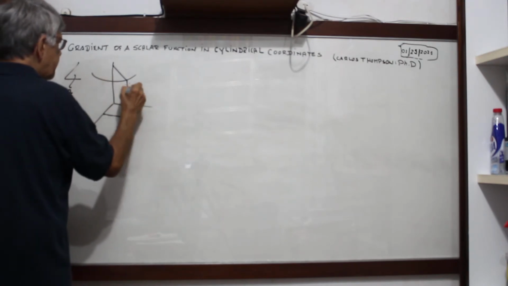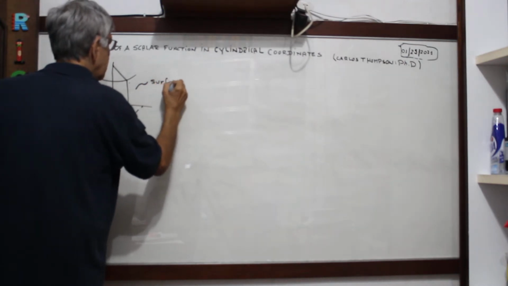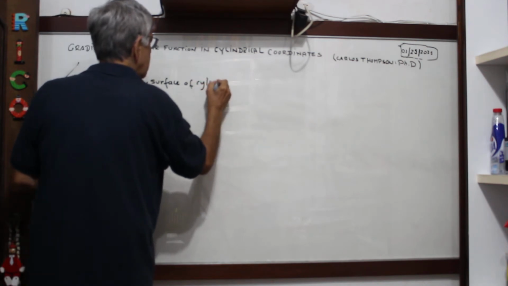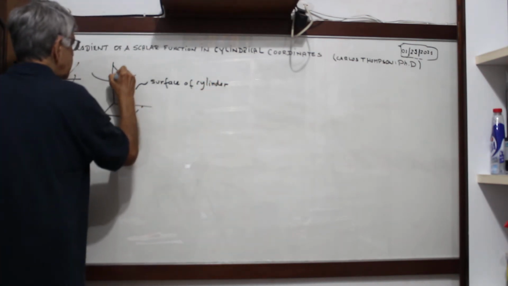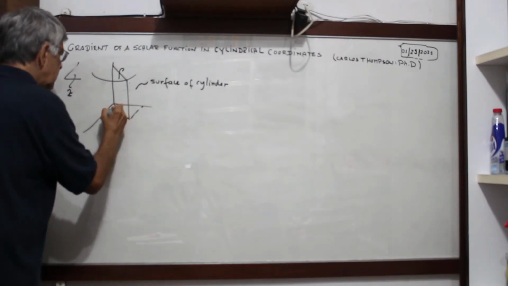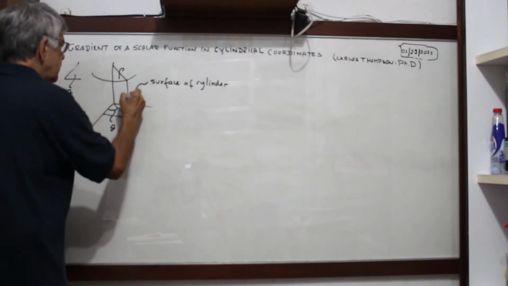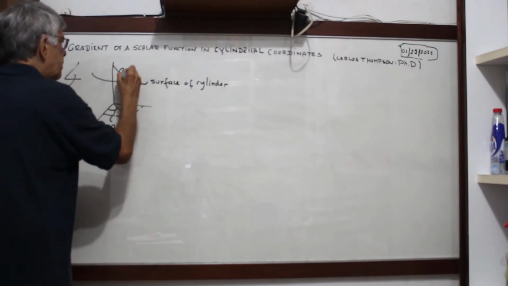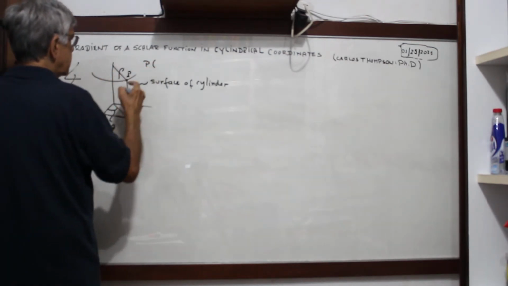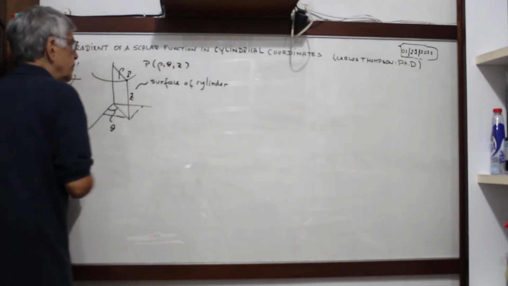This is the surface of the cylinder. The radius is rho. This angle is theta, and this is z. So a point P can be represented as rho, theta, and z.